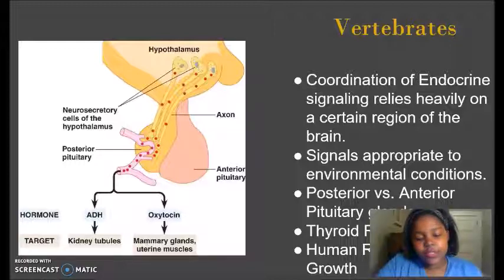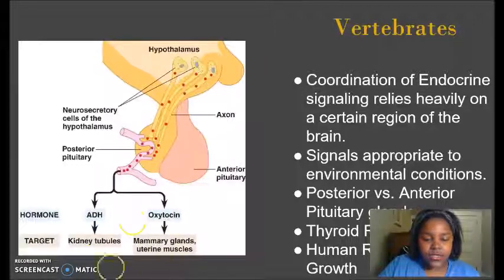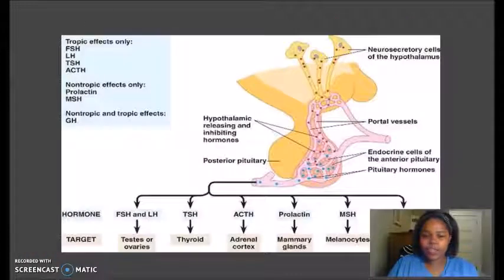As we've discussed before, the antidiuretic hormone goes to the kidney tubules, and it has a great impact on our urine and the concentration within it. Also, oxytocin has a big impact on females and how their contractions work when they're carrying humans.